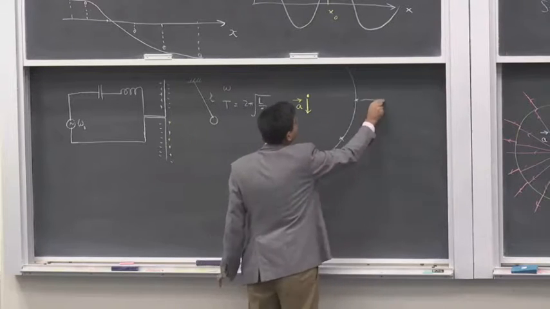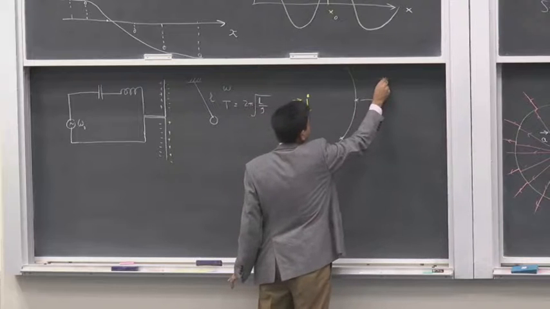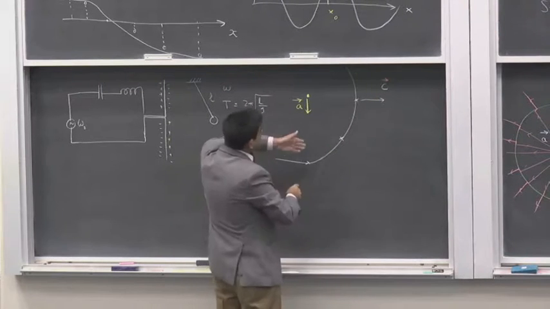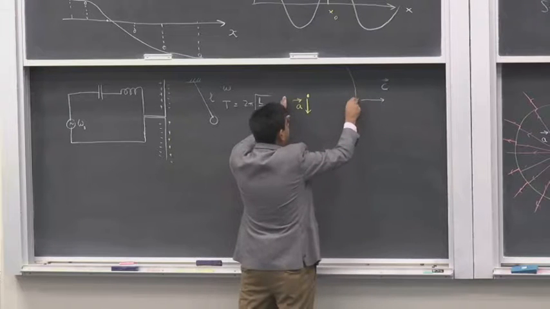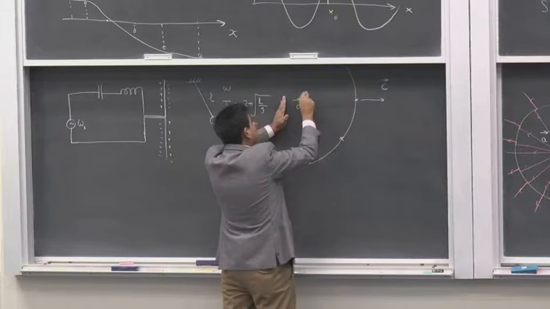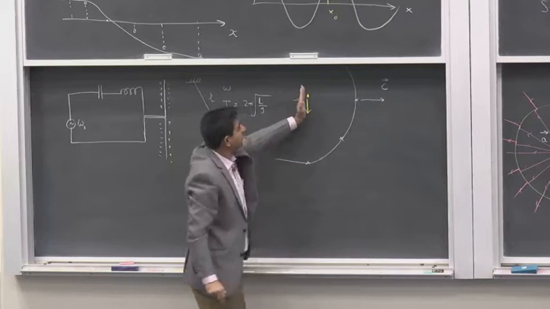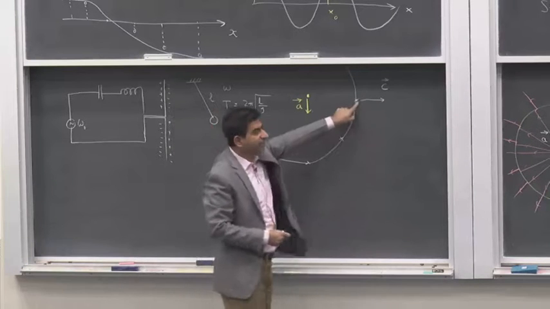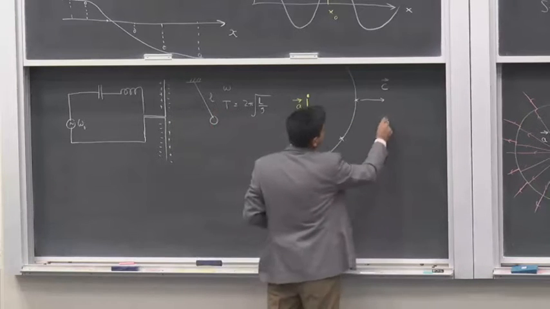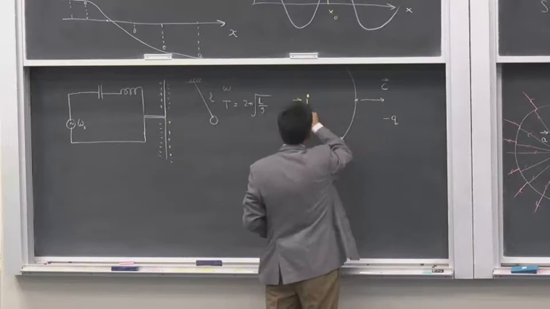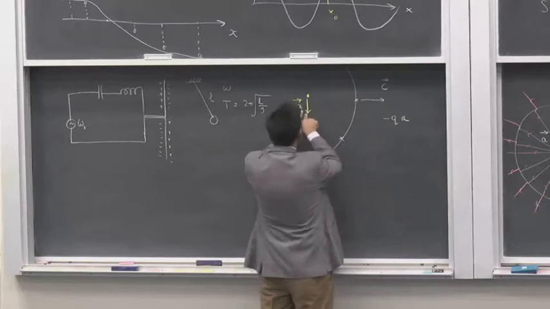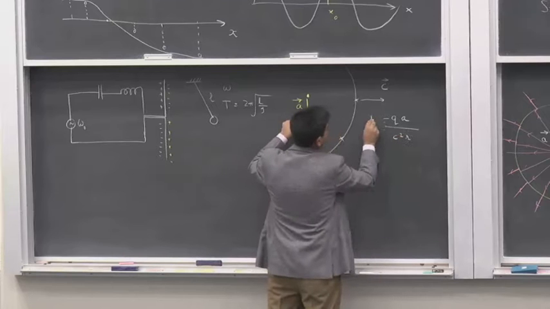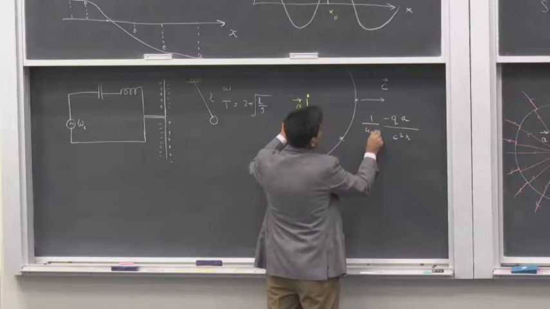Here, this is the direction of propagation, C. Now this acceleration is normal to the direction of propagation. So the radiative electric field here is given by minus Q A perpendicular, which is all of this A, divided by C squared R. Of course, a 1 over 4 pi epsilon naught here as well.